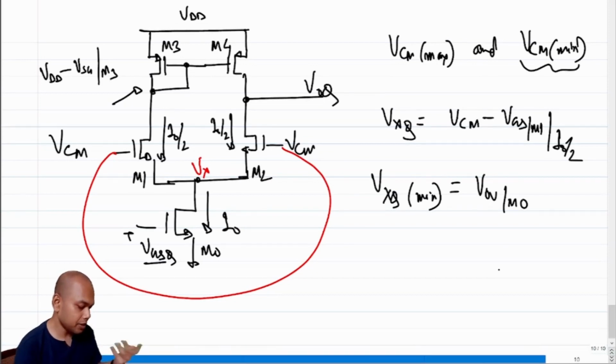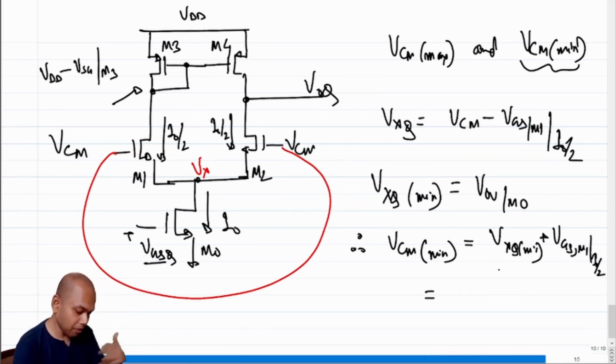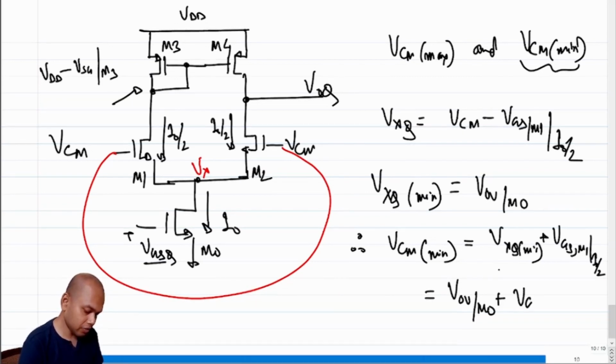So this is the overdrive voltage of M0, which means VCM min is Vxq min plus VGS of M1 for a current of I0 by 2. So the minimum VCM becomes the overdrive voltage of M0 plus VGS of M1 for a current of I0 by 2.